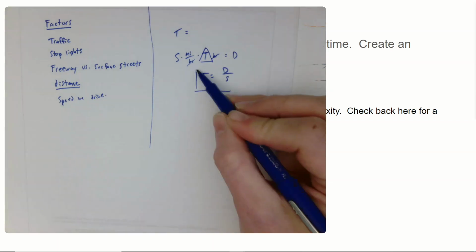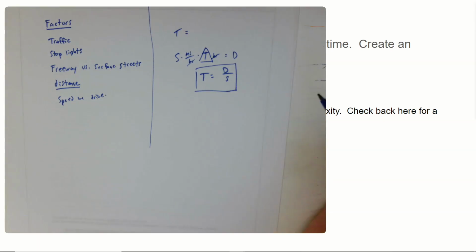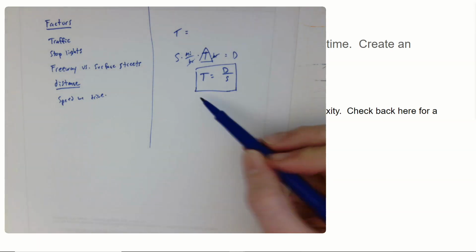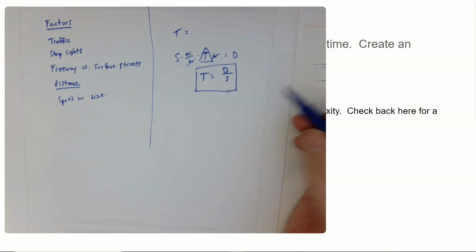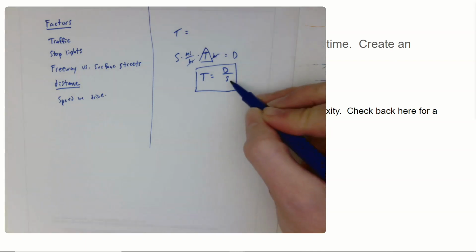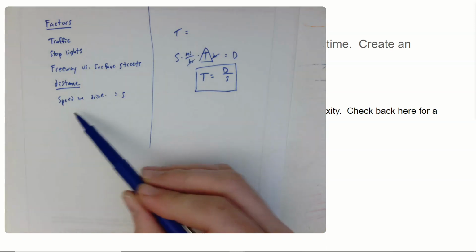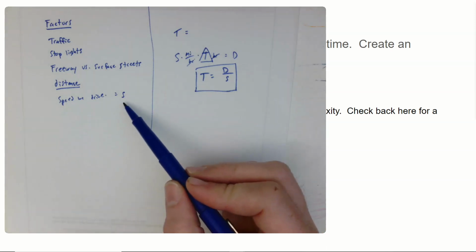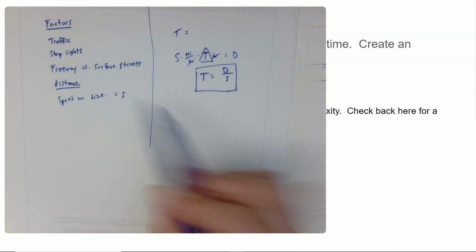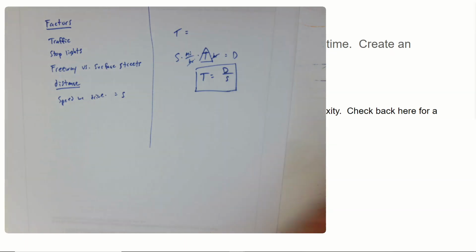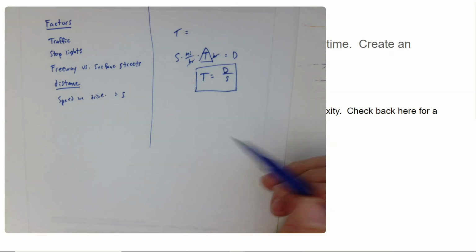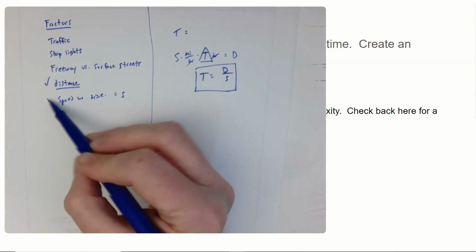Okay, so this is an example of the simplest model that we could make for expected time to a destination. And I didn't really do a good job of defining my variables here, but the average speed we expect to drive at will be s, and the distance to our destination will be d. All right, so we got that.